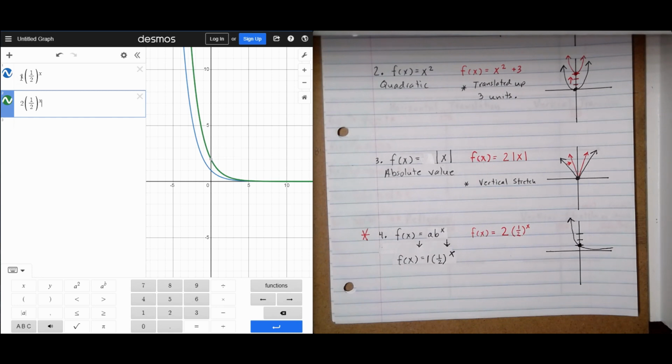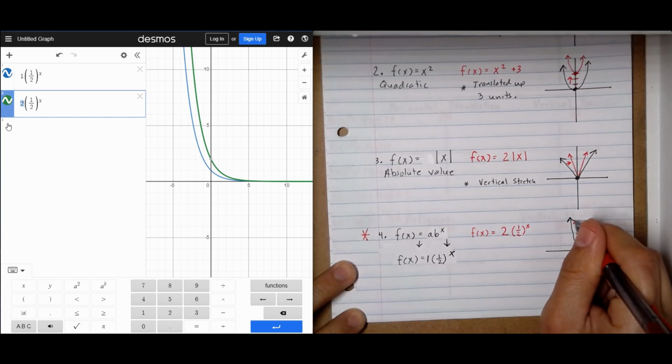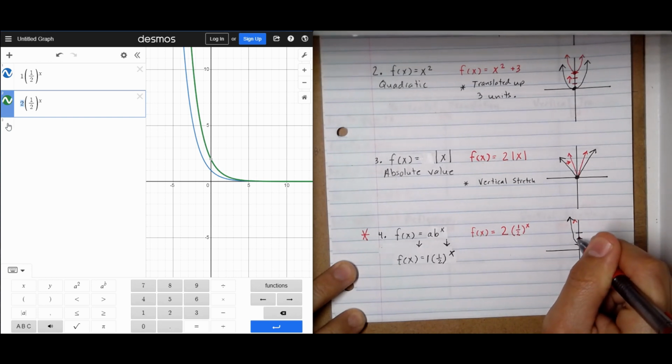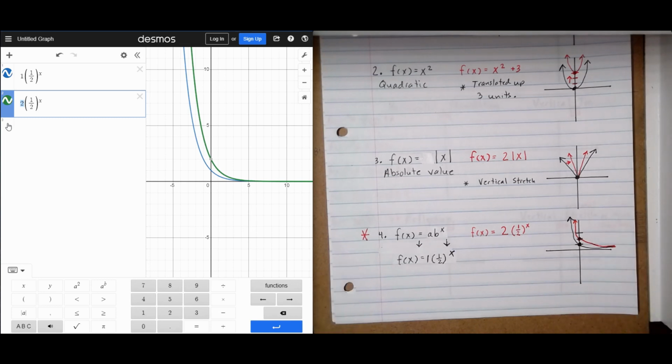That is your y-intercept, that value of a right there. So we went from a y-intercept of 1 to a y-intercept of 2. I'm going to draw it in a little further and put a dot right there at 2. But it does go back down, and they both hit like that.